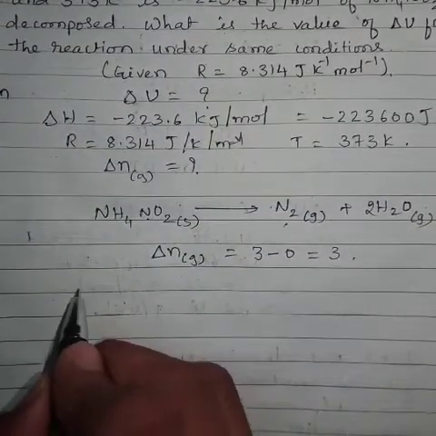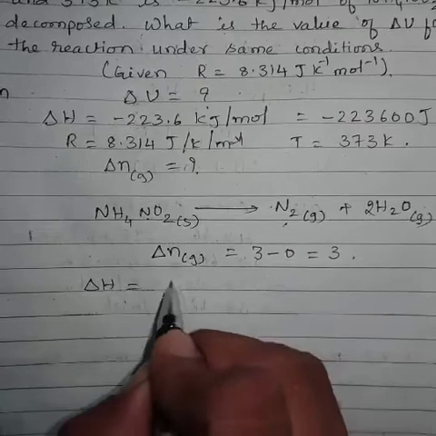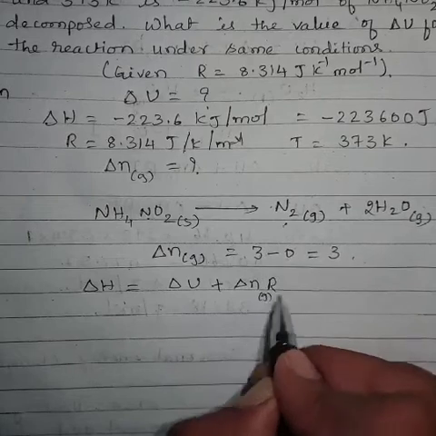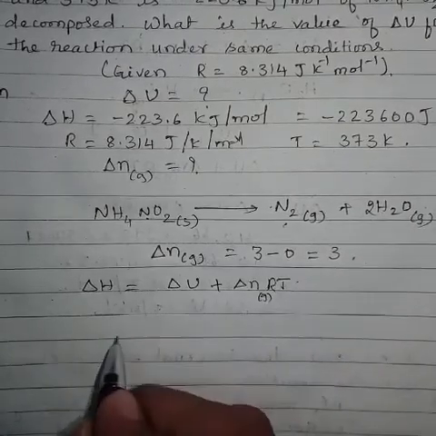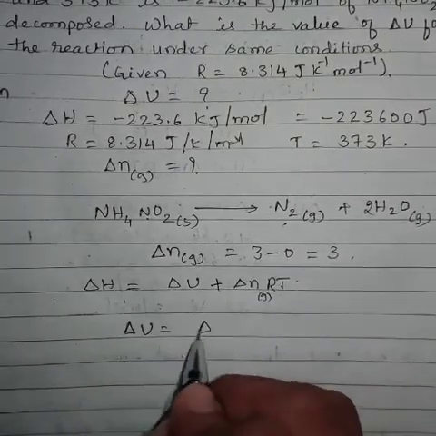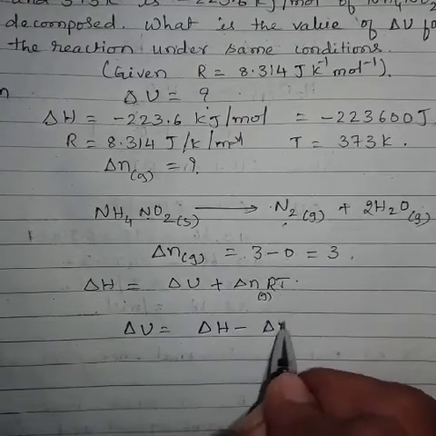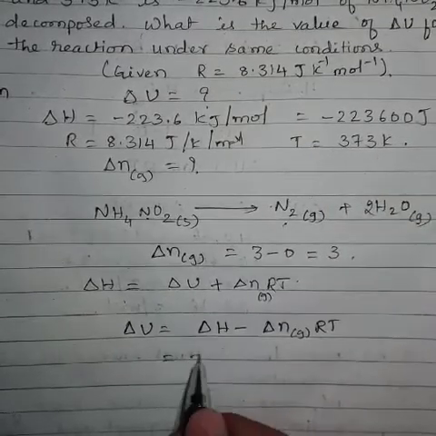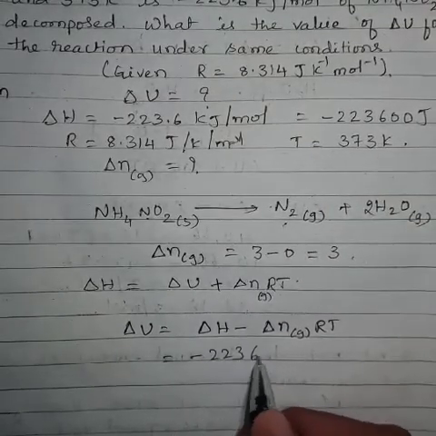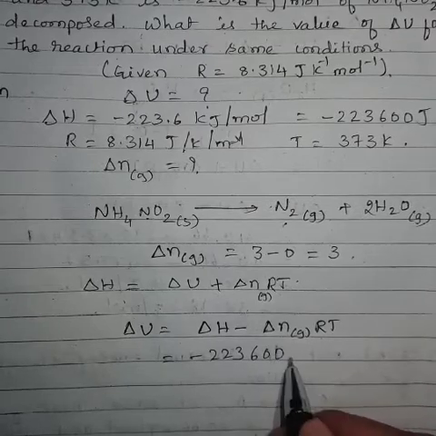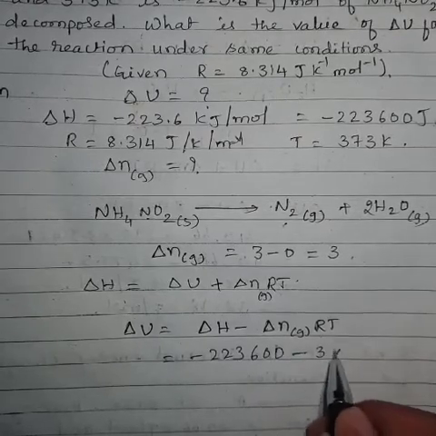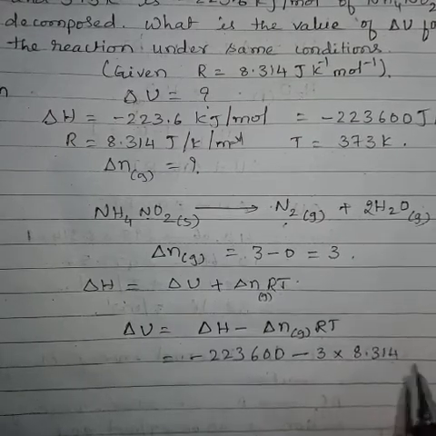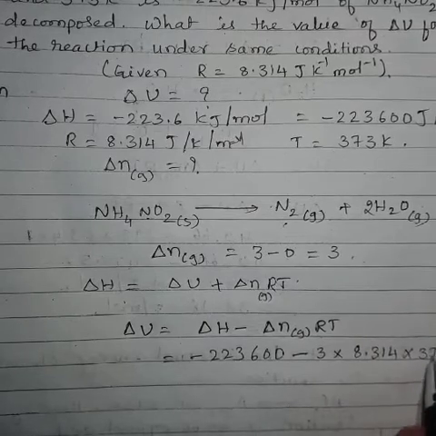Then by using the equation, delta H is equal to delta U plus delta Ng RT. So delta U is equal to delta H minus delta Ng RT. This is minus 223,600 minus 3 into 8.314 into 373.